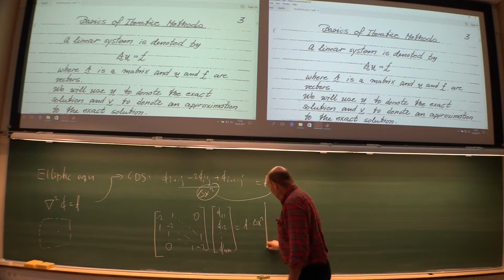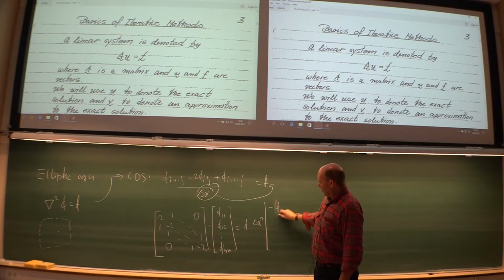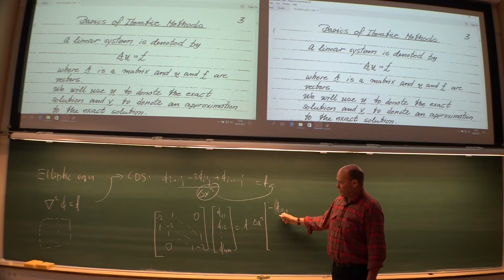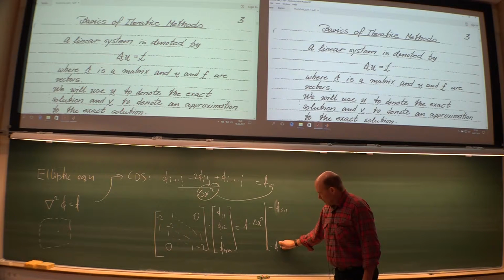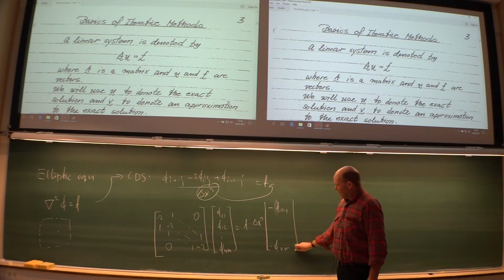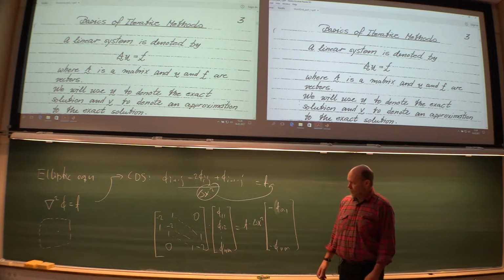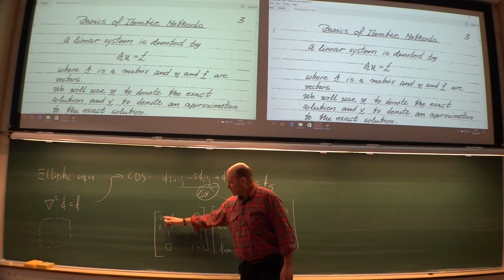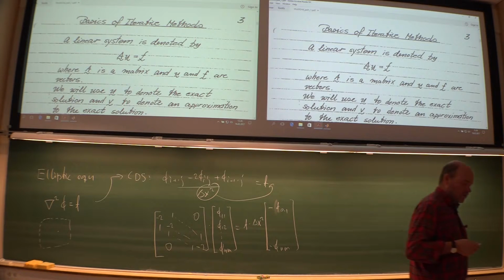So here maybe you have some phi of 0,1 or something like that as a boundary value, and here maybe phi n,m or something like that. They will be known. If you want to have a Neumann condition, then derivative equal to 0, then some of these coefficients in the first and this last point might be somewhat different.